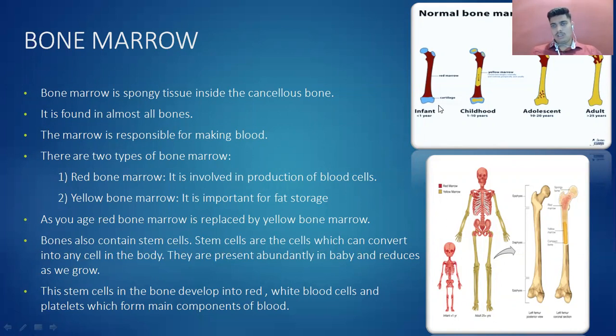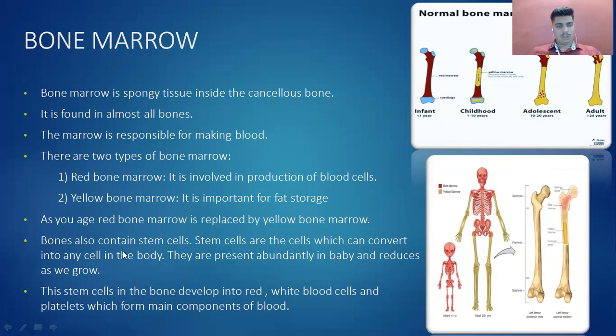Here you can see in an infant how much red marrow is there, then in childhood, in adolescence, and when an adult, the amount of red marrow is decreasing continuously. And in this image you can also see how much yellow marrow is in a person's body, and the difference you can see between a child and an adult.